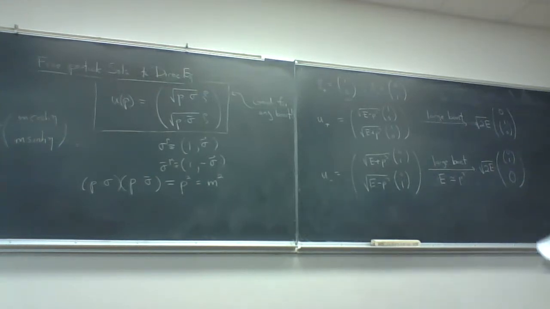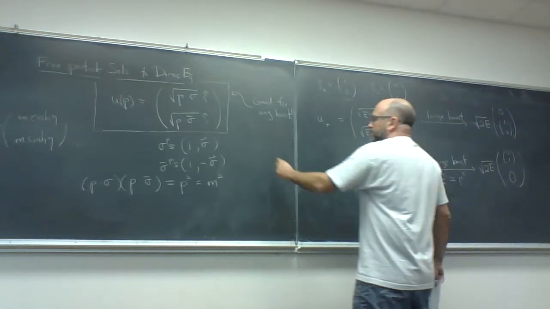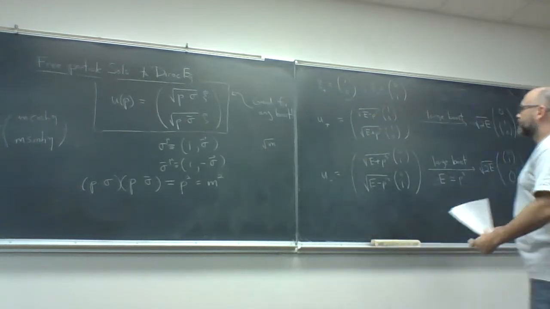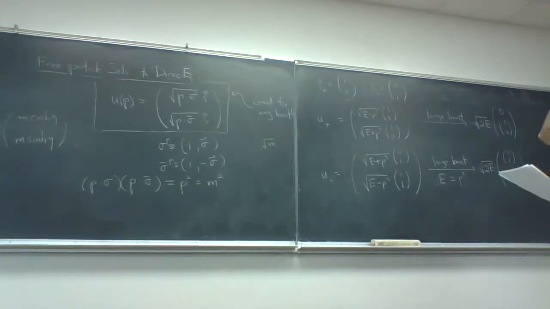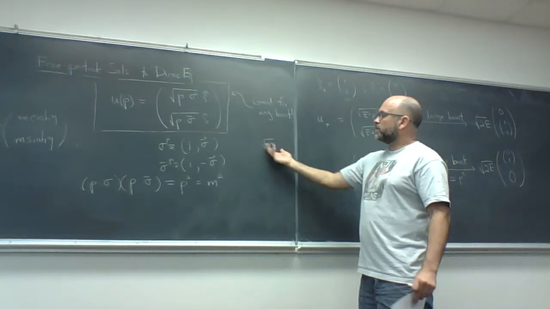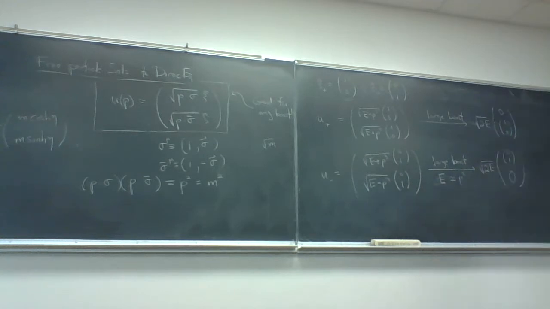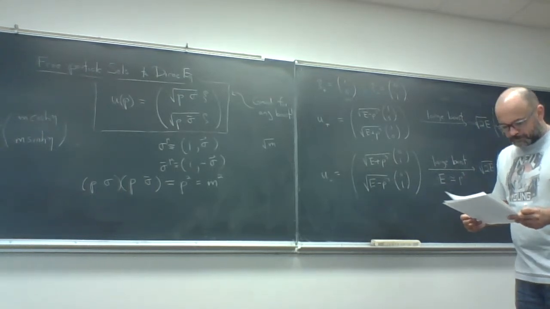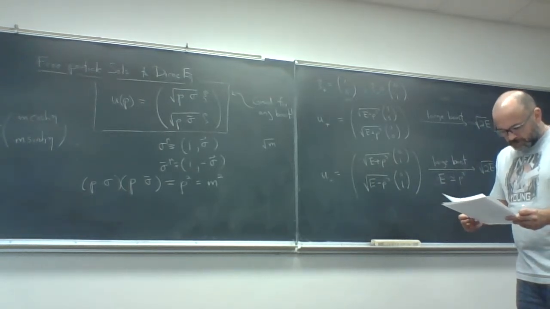And if you trace it back, you'll see why we had to put that square root of m into our solution. Because it keeps the spinner expressions finite in the massless limit. So when we take mass going to 0, this thing gives me a 0 multiplying something that would be blowing up. Okay, so that's why we needed that factor in front of our solution.